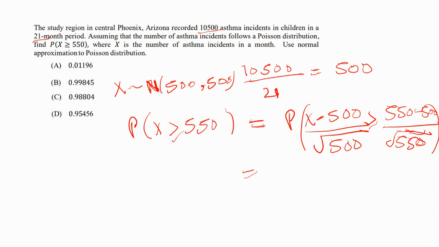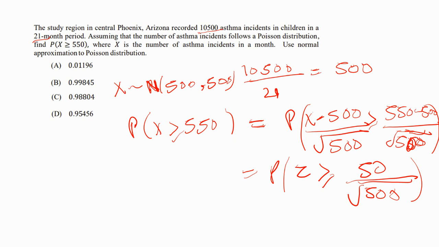Okay, so it will be x minus 500 by 550. This one will be z and it will be greater than or equal to 50 divided by, sorry, 50 divided by root of 500.